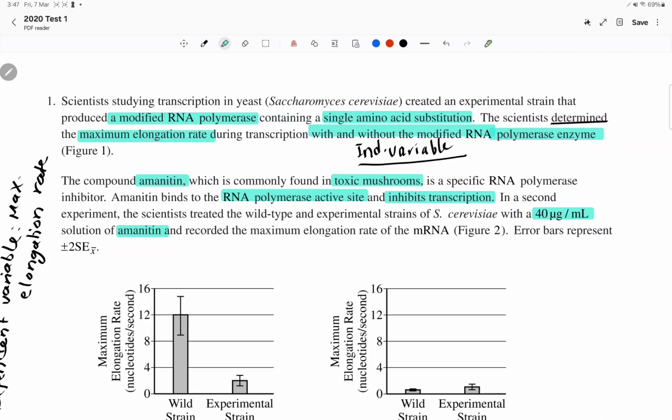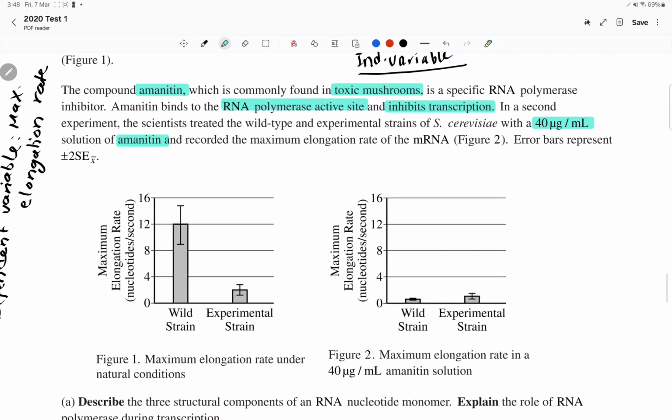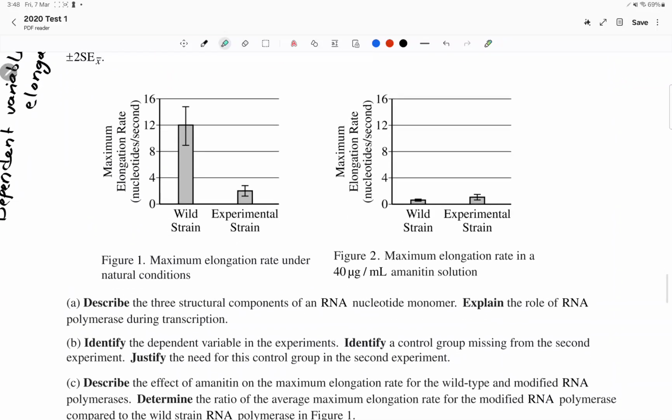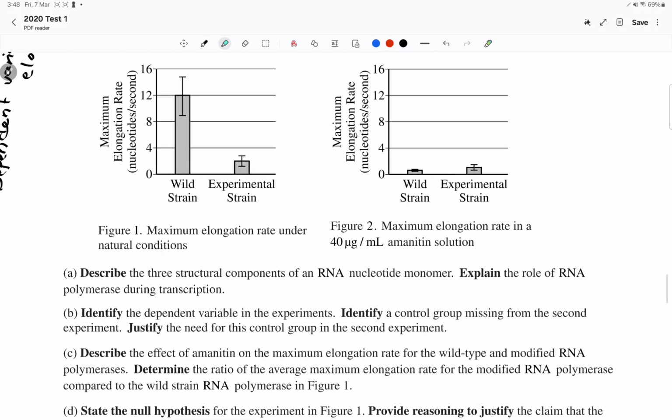Now, in a second, different experiment, they took the wild type, they took the new strain, and they gave both of them amanitin, and they recorded the elongation rate of the mRNA. Okay? We good? So here it's normal. Here there is amanitin.